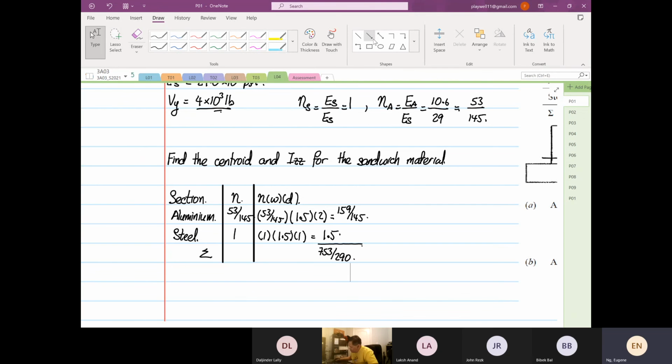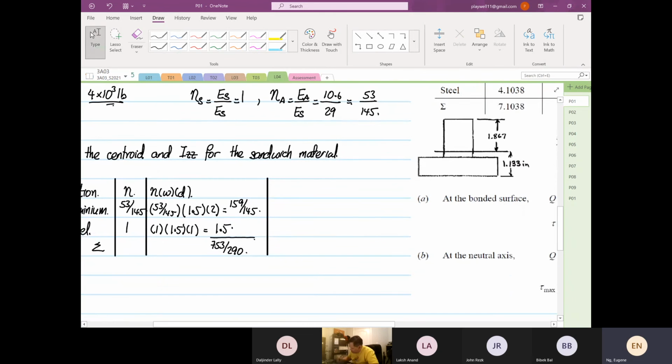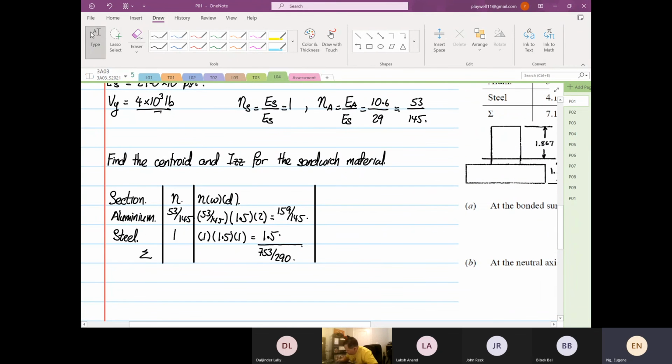Next we're going to find the individual section centroid. I'm going to pick the datum from the top. This is a small y bar.